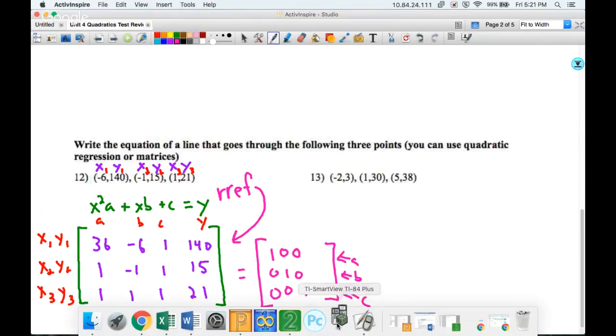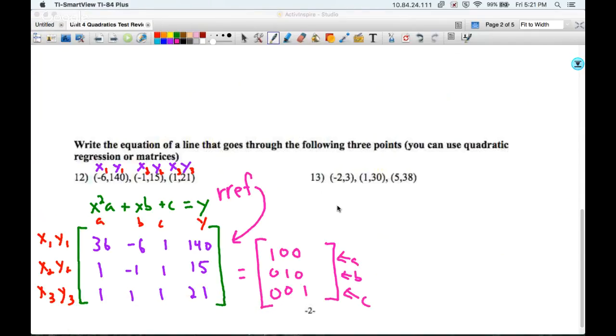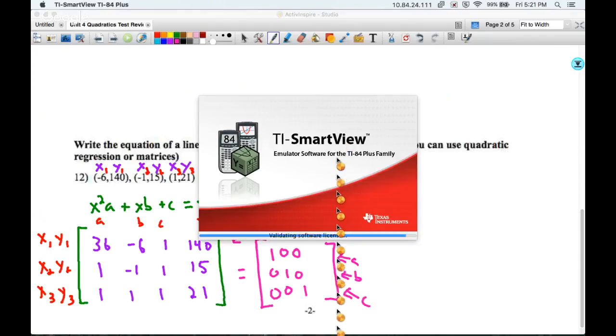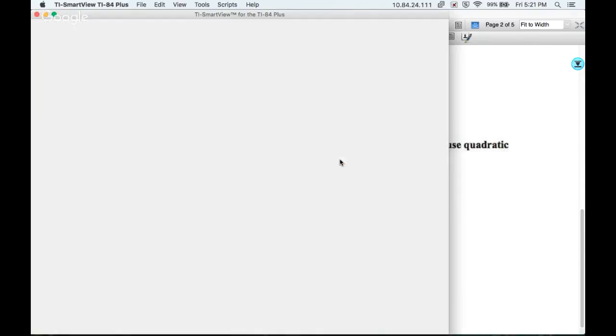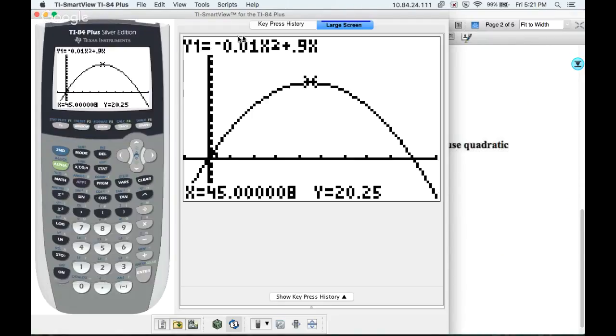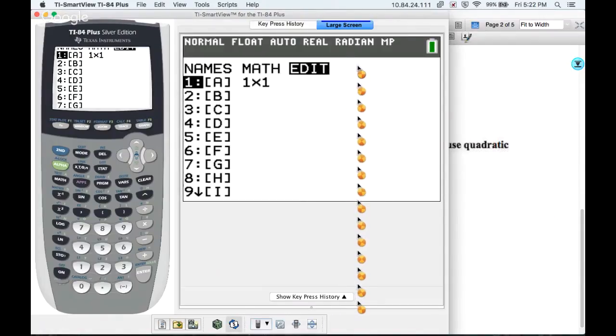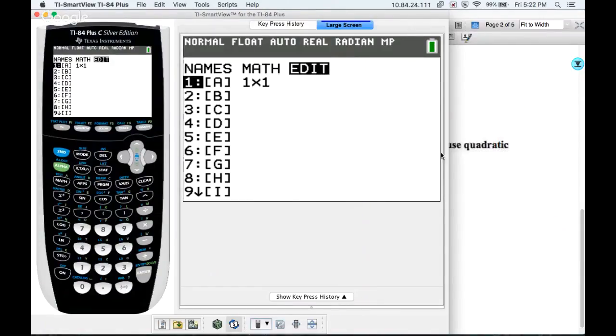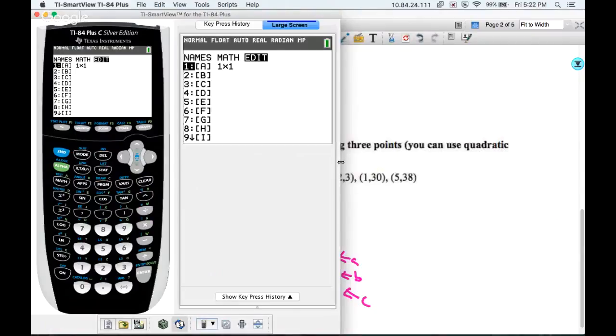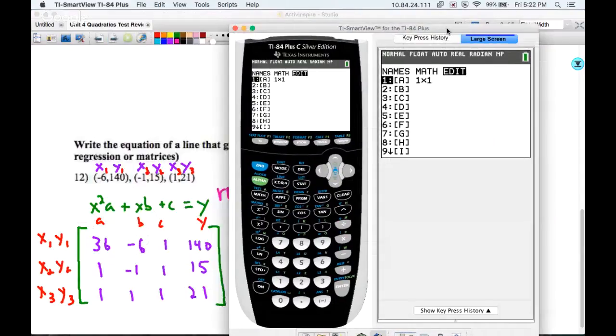All right, so I open up my calculator. What type calculator are you using? The TI 84 CE, I think. Okay, let's switch it over. So yours probably looks a little bit more like this. Yes.